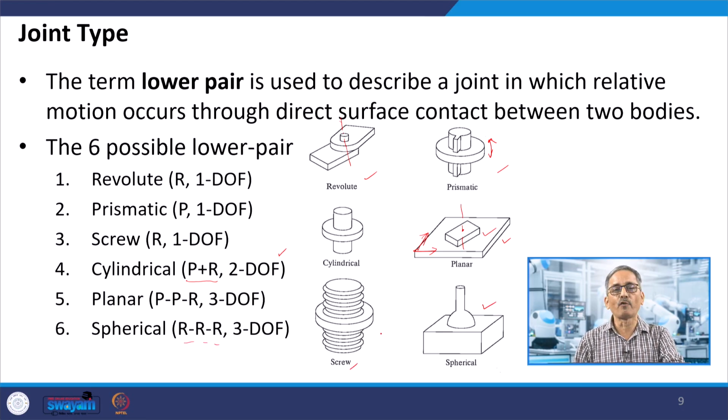Screw has 1 degree of freedom. Although two types of motions are involved here, one rotary and one translatory, the translatory motion is linked with the rotary motion through the pitch. So, essentially it has only 1 degree of freedom. Here the lower pair is used to describe a joint in which the relative motion occurs, because they have direct surface contact between the two bodies.